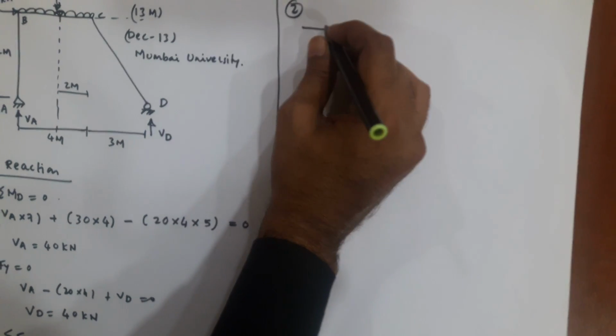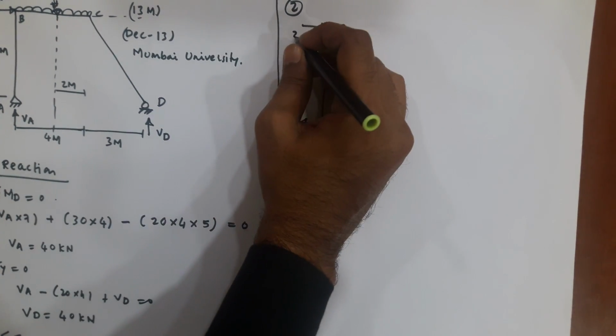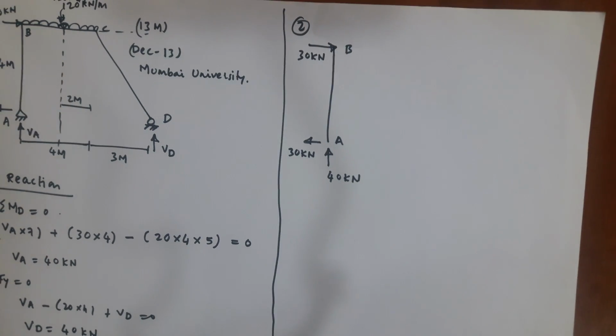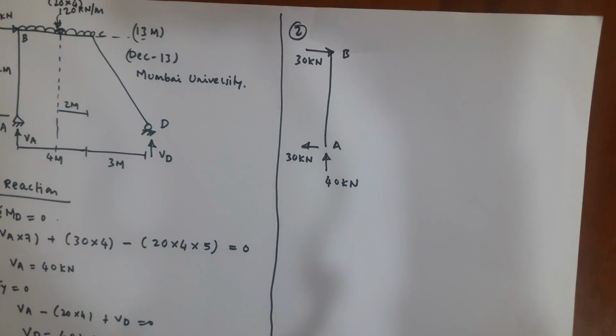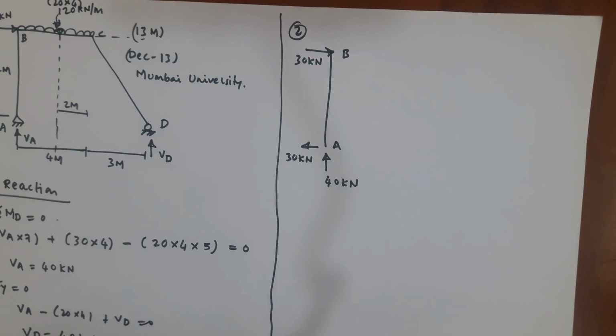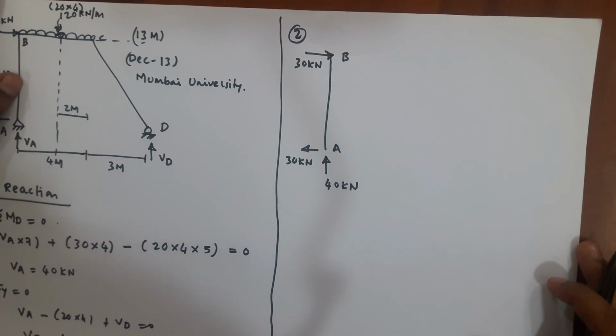You also have a load here of 30 kilonewton. So this is the free body diagram of member AB.